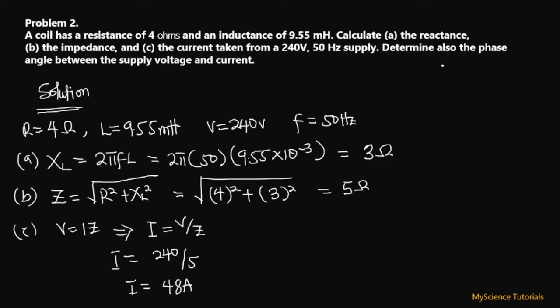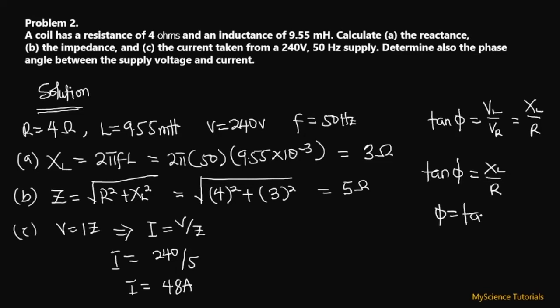All right, so the final aspect of the question is asking us to find the phase angle. So this is very easy. We know that the phase angle is tan inverse of either VL over VR, or XL over R. Because in this case we don't have the inductive voltage and the resistive voltage, we are going to be using XL over R. So the phase angle is tan inverse of our XL, which is 3, over our resistance R, which is 4.